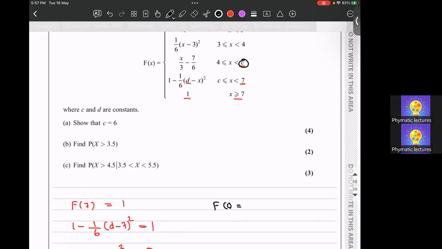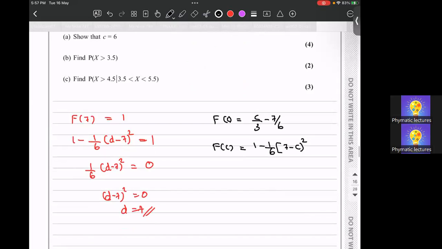First, substitute c in this equation: F of c is c by 3 minus 7 by 6. In the second equation, 1 minus 1 by 6 into d, which we know is 7, so (7 minus c) whole square. Both will be exactly F of c.